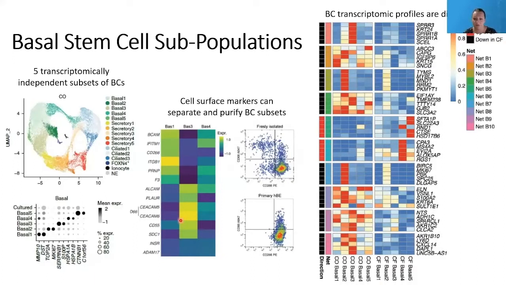And moving forward, I think one of the priorities is going to have to be to understand what changes occur in basal stem cells in cystic fibrosis, and does this impact the regenerative capacity and long-term stemness? Because these are going to be important factors moving forward as we consider gene editing, gene therapy, and autologous cell therapies in CF patients.